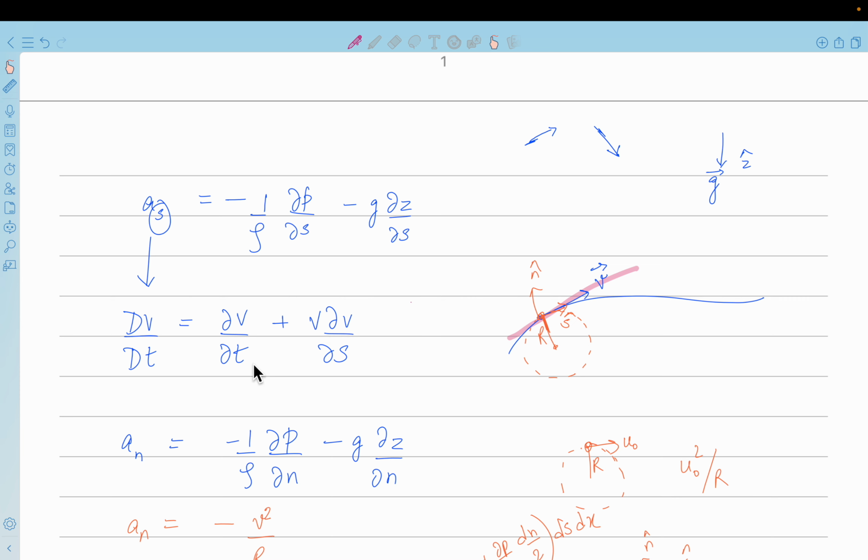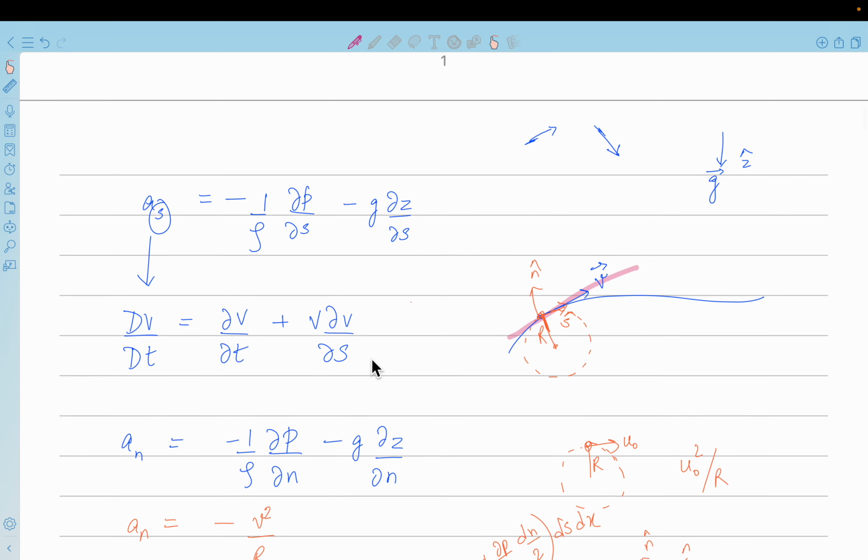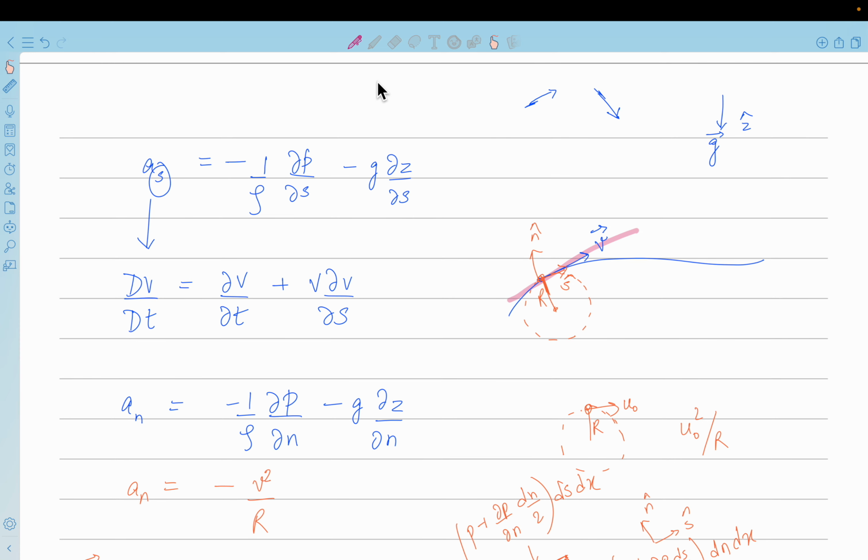Now dou v by dou t vanishes if it is a steady flow. And along this streamline, if I find the change only along the streamline, so you have these terms v dv and dp by rho and g dz, right? So I'm just combining, let me write it from here.